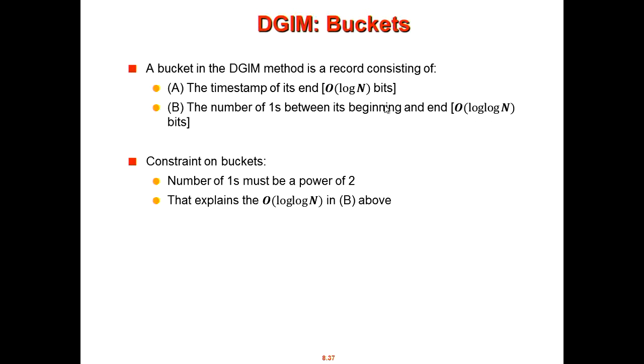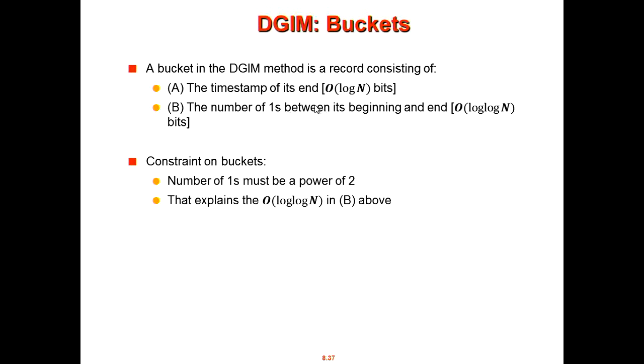You can think about why it is log n. This is the most important feature of this algorithm. It's not log n times log n, it's log n. It's a very, very small value. You can think about this question and see if we can figure out why it is like that.